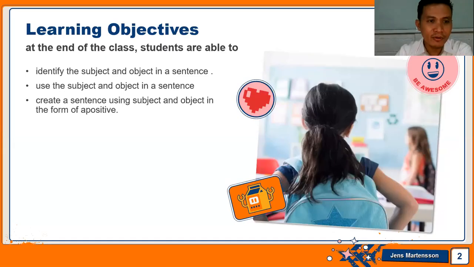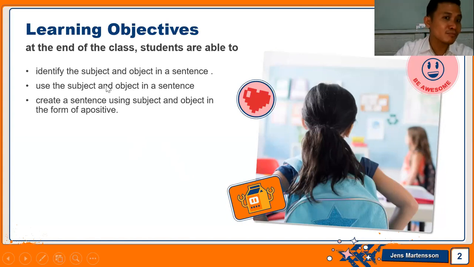Okay. But before that, I'd like to introduce the learning objectives of our lesson today. At the end of the class, you will be able to identify the subject and object in a sentence. It seems very simple, but sometimes it may be a bit tricky. When you are answering TOEFL questions, sometimes the subject and object are very tricky.